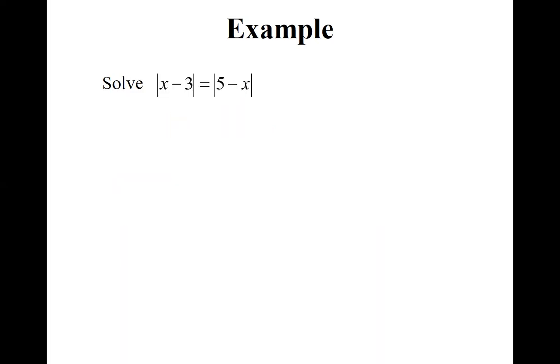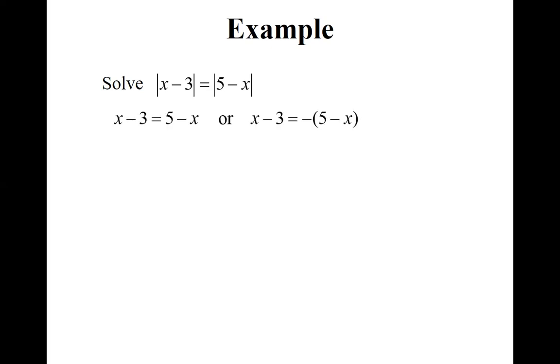What if we had the absolute value equals an absolute value? Well, it turns out that we can just assume that there is one absolute value. So get rid of the absolute value around the 5 minus x, solve like normal, and you will get the correct answers.